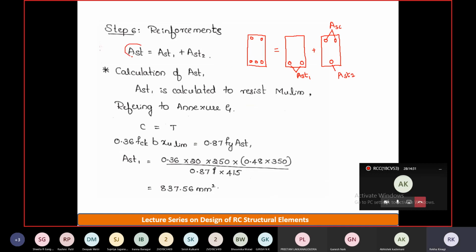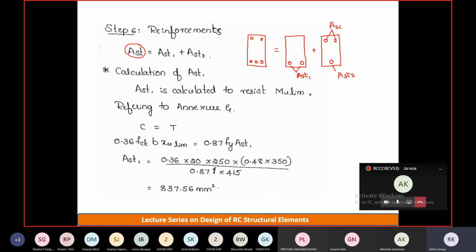And Ast is the total of Ast1 and Ast2. So in order to decide the reinforcement, we need to calculate both Ast1 and Ast2, so that we get the total value of Ast required for the doubly reinforced section. Along with that, we need to calculate Asc also.